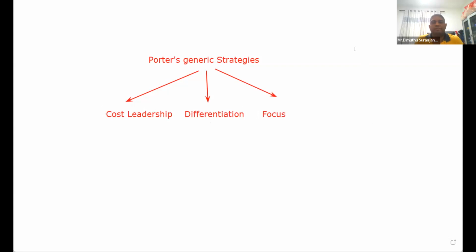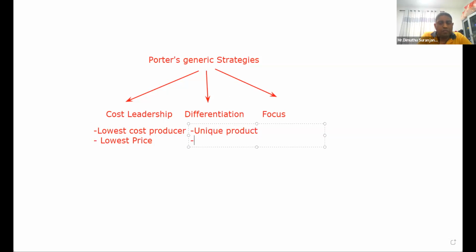Three strategies are there, right? Now, on cost leadership, we are trying to become the lowest cost producer in the industry, that will allow you to offer the goods at the lowest price. Then when it comes to differentiation, here you try to offer unique products that will allow you to charge a price premium.